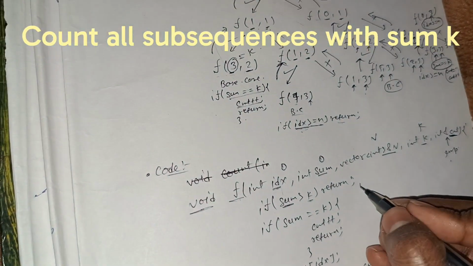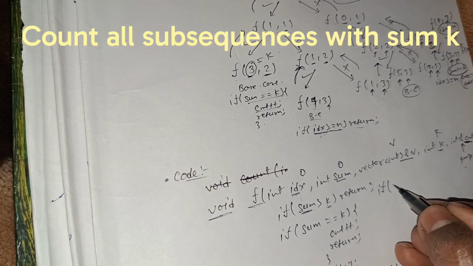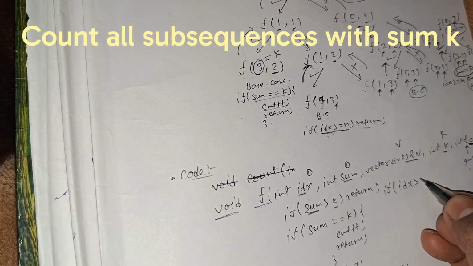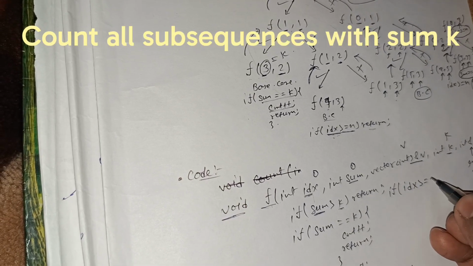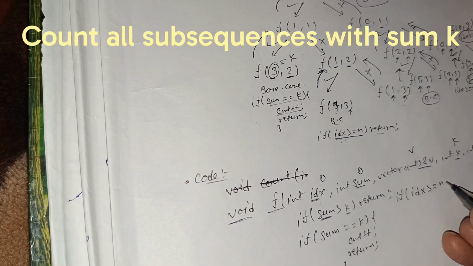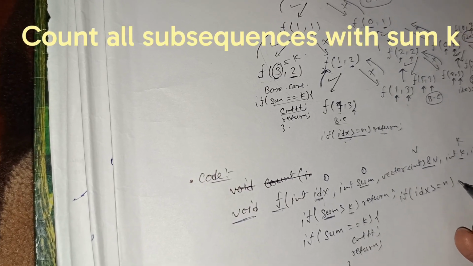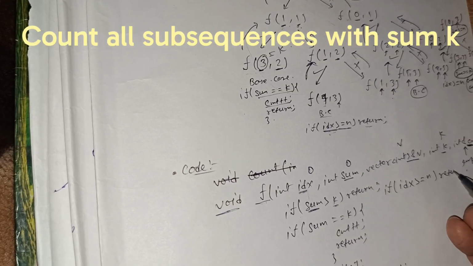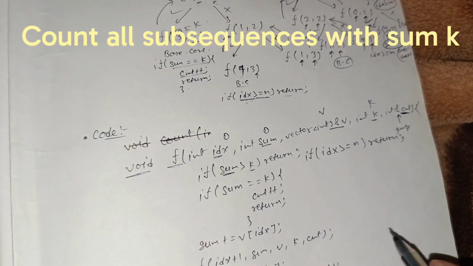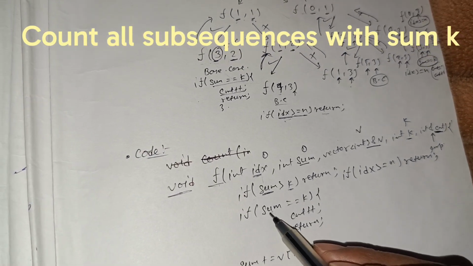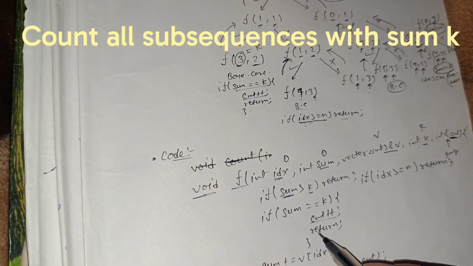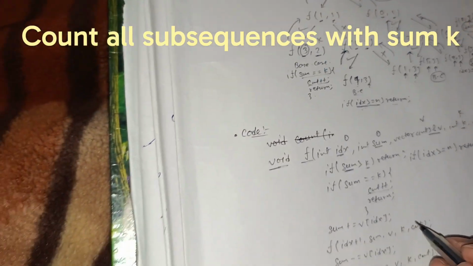If idx is greater than or equal to n, the function also gets returned. Okay. Now if sum is equal to k, count plus plus and the function gets returned.